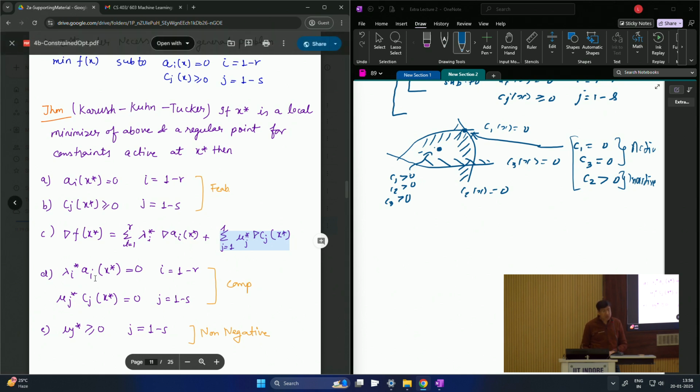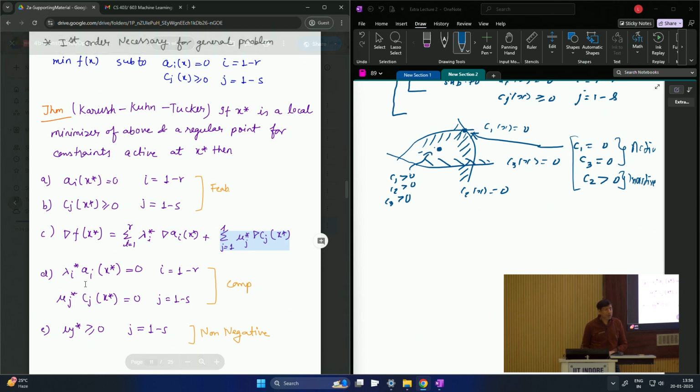The D condition says that the product of the Lagrange multiplier with the constraint should be equal to 0, both for the equality and the inequality. And the E condition, non-negativity, says that the mu's, the Lagrange multipliers corresponding to the inequality constraints, should stay non-negative. Is that okay? So those are the 5 conditions.